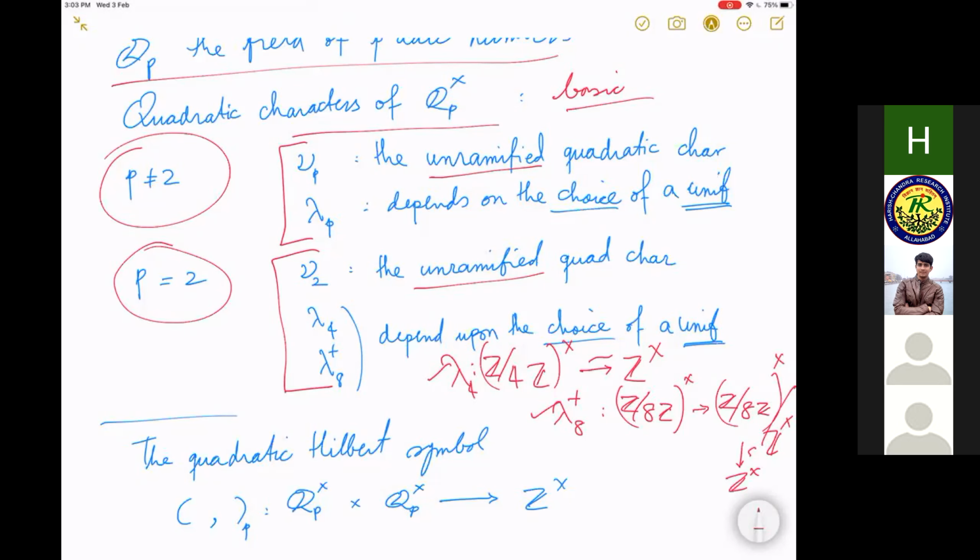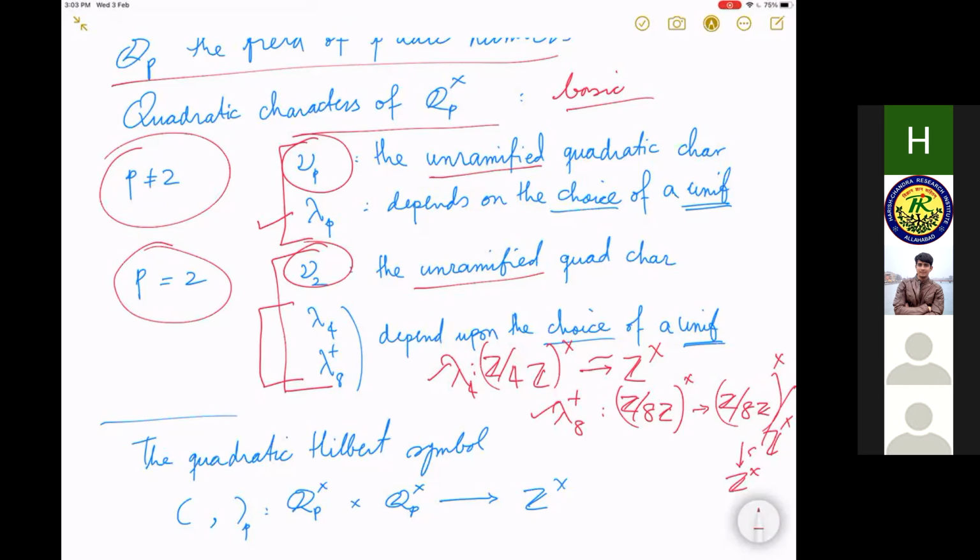You see these nu P and nu 2, the unramified quadratic characters, are defined independently of any choices. But the character lambda P and the characters lambda 4 and lambda 8 plus depend upon the choice of what is called a uniformizer.